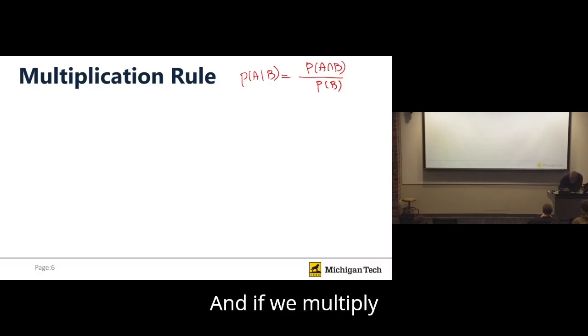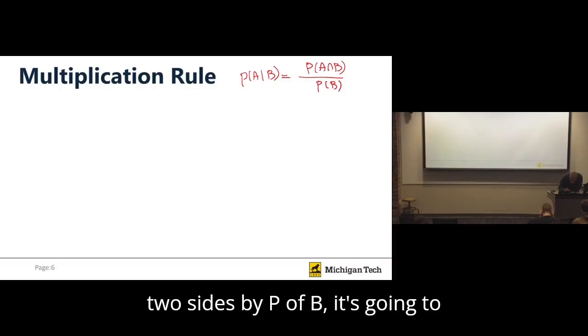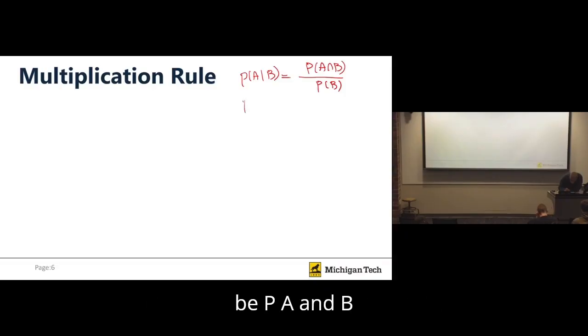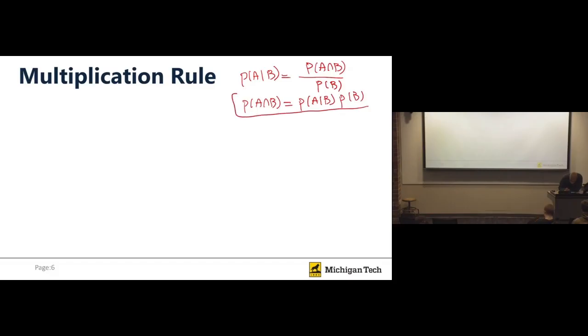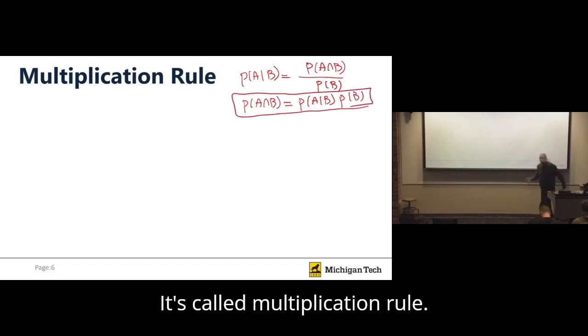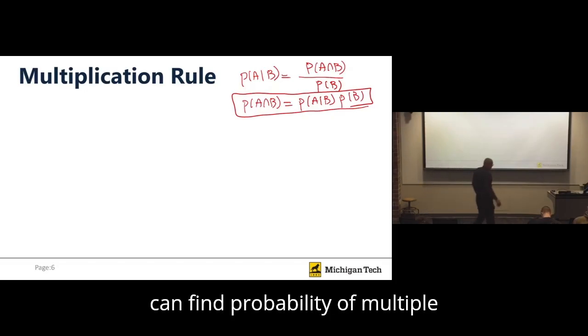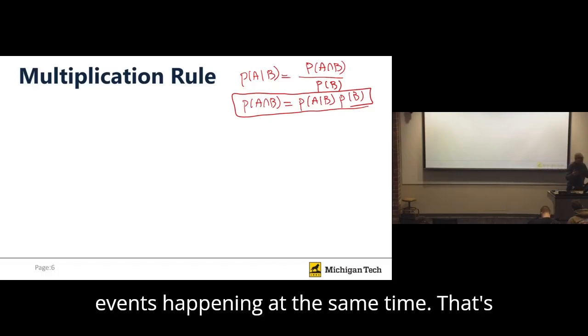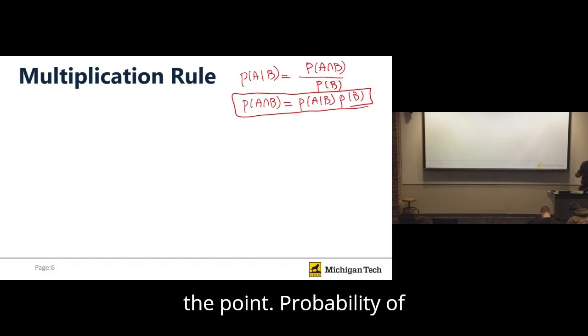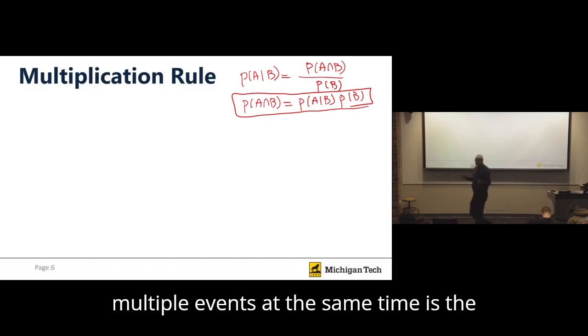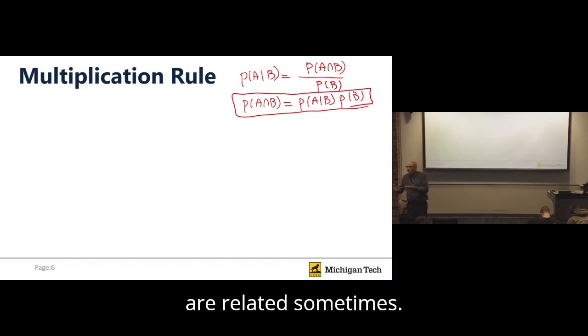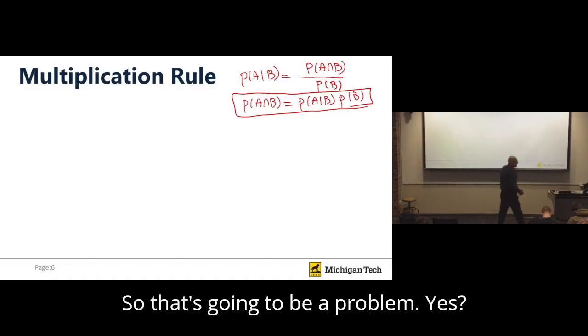If we multiply both sides by P of B, it's going to be P of A and B is equal to P of A given B, times P of B. This is called the multiplication rule. Very simple. It means you can find the probability of multiple events happening at the same time. That's the point. Probability of multiple events at the same time is one of the hardest things to compute because they are sometimes related. So that's going to be a problem.